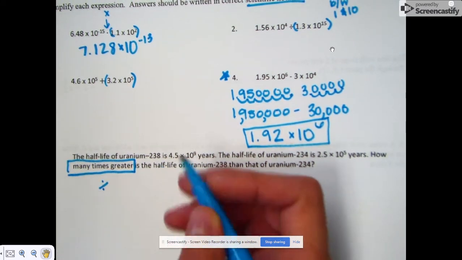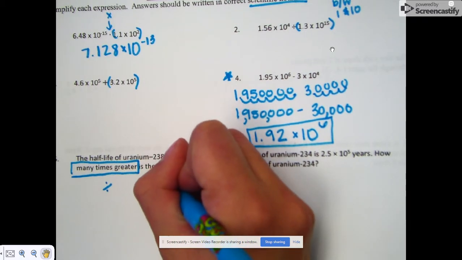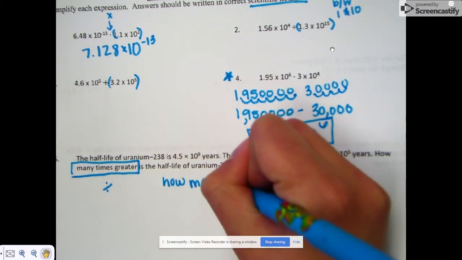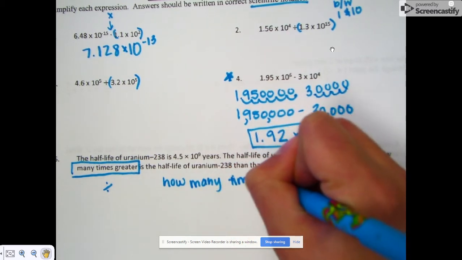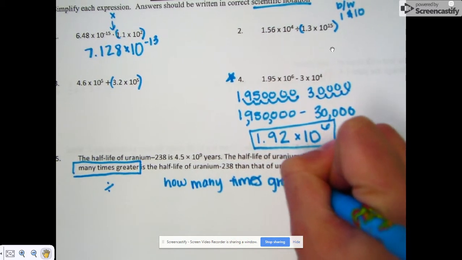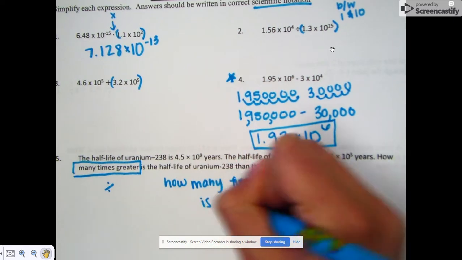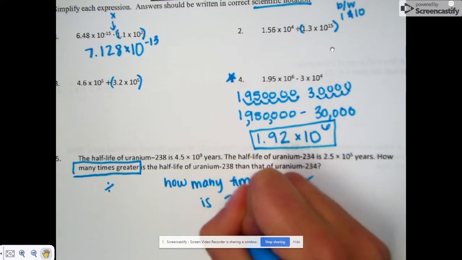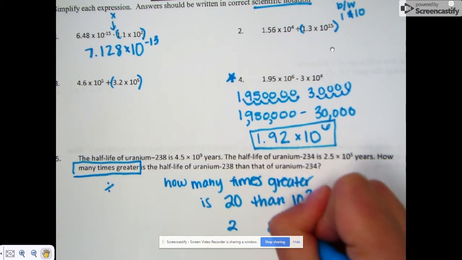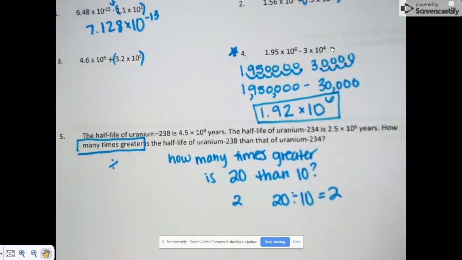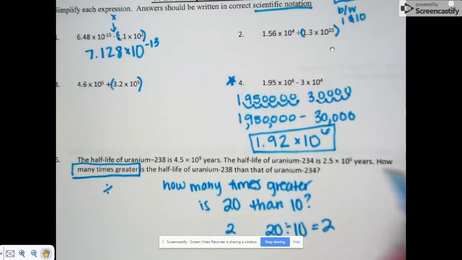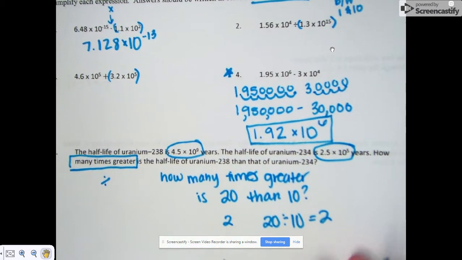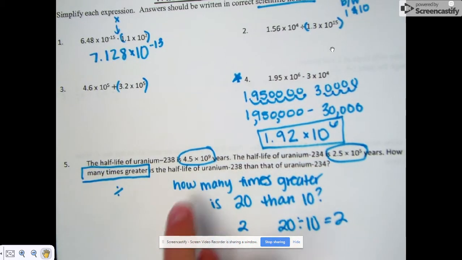If I say, how many times greater is 20 than 10, you would say 2, because 20 divided by 10 equals 2. So think of that when you're thinking about this. You want to divide the bigger number by the smaller number. And you remember, you can tell which one's the bigger number by the exponent.